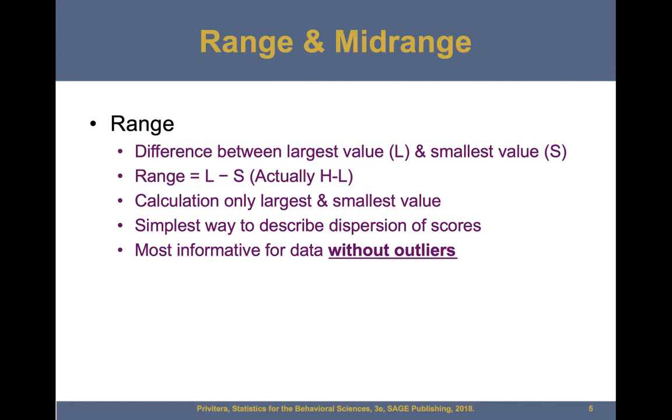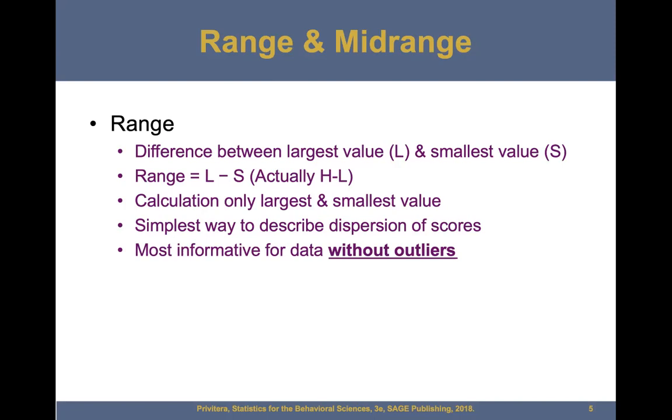So we have range, largest to smallest, or actually highest to lowest. That is the simplest way to describe how the scores disperse from each other. Most informative for data without outliers. So range doesn't tell you about the variance much when there's a random high and low.